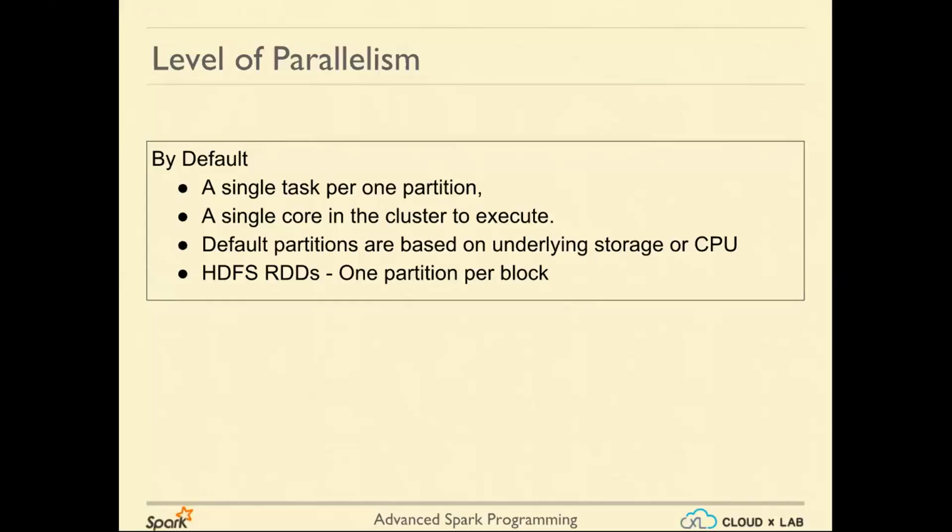Default partitions are based on the underlying storage or the CPUs, or it could be our choice as well. If you are loading the data from HDFS into an RDD, there'll be one partition per block.